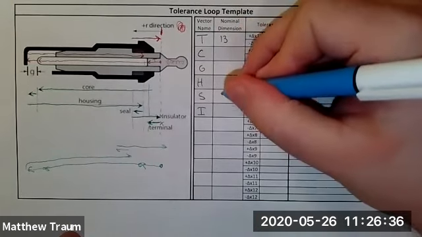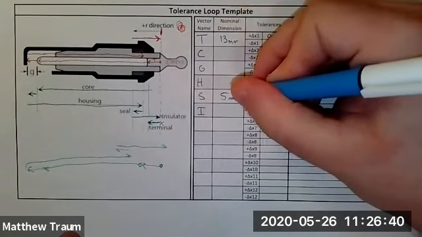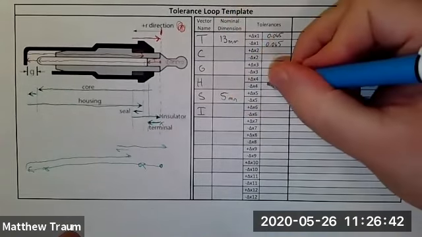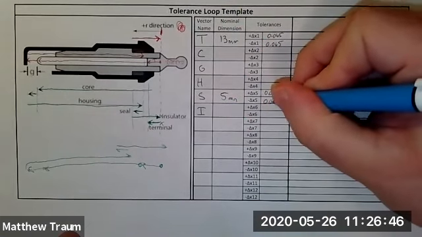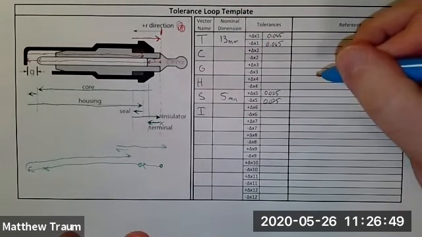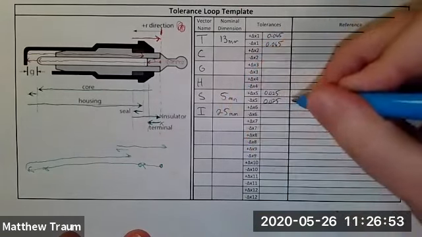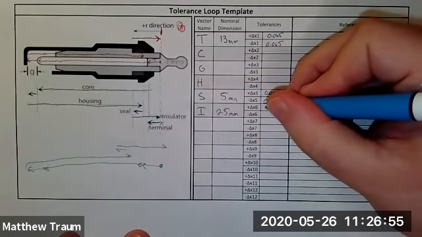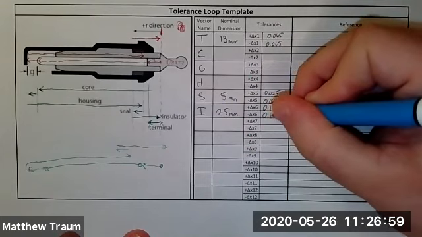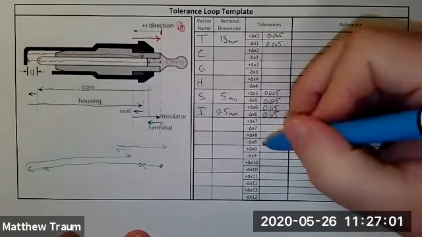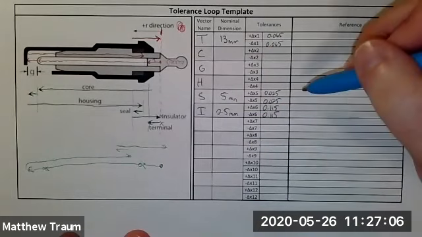The seal is 5 millimeters, and it's 0.025 in the plus and 0.025 in the minus directions. The insulator is 25 millimeters, and it is 0.115 in the plus and 0.115 in the minus. These are all bilateral dimensions, right? So it's the same on the top side as it is on the bottom side.